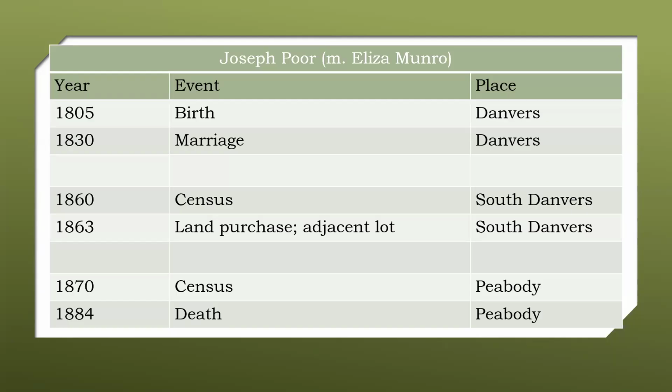What question should you be asking at this point about these 3 places? Did he move a lot? Well, the answer actually is no. He lived in the same house his entire life.